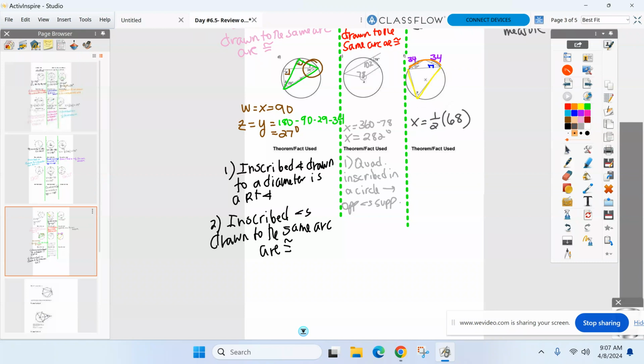Everyone see how we found both those arcs were 34? And then we're taking half of them combined. So yes, the answer does come out to be 34 degrees. Inscribed angles equal half its arc measure.